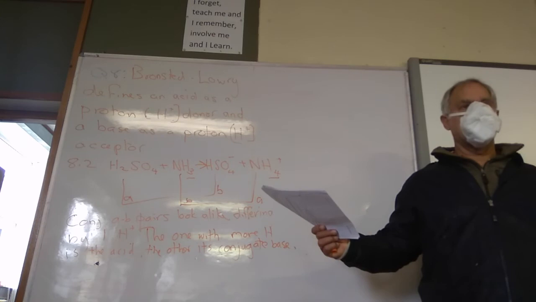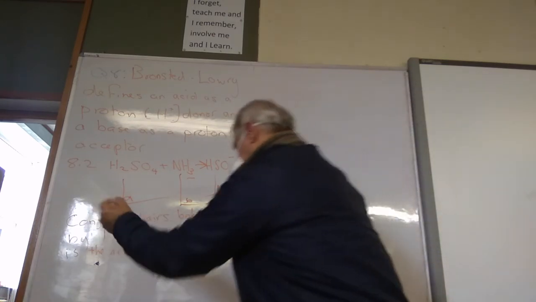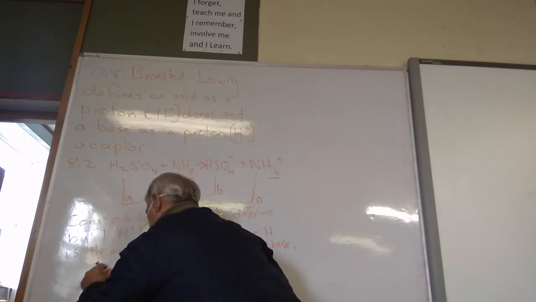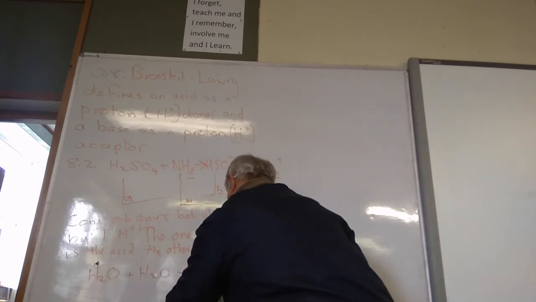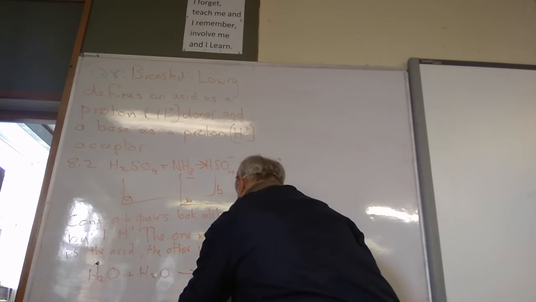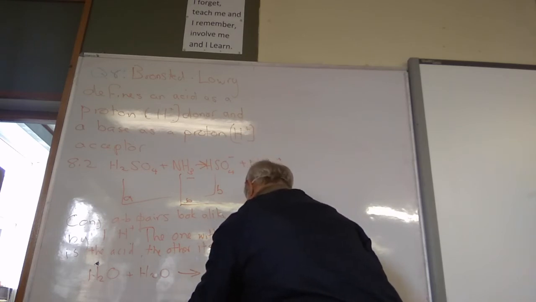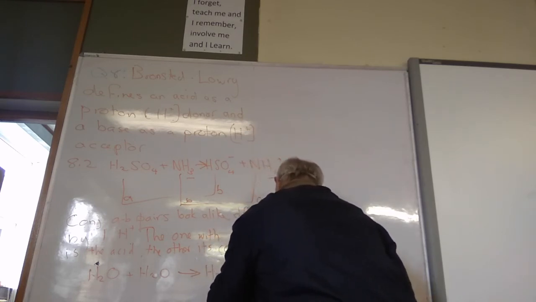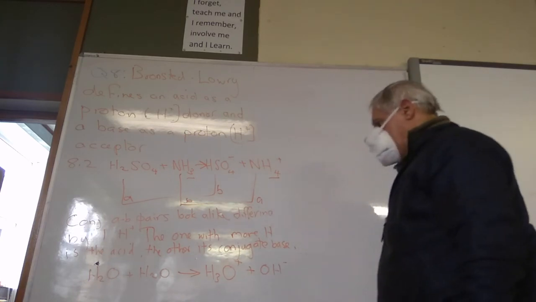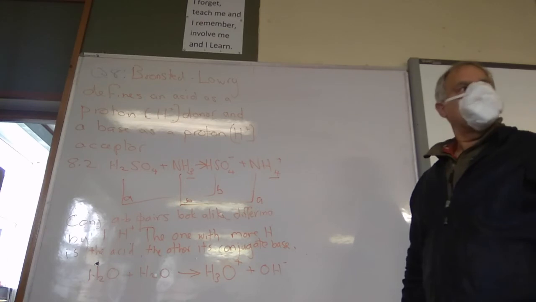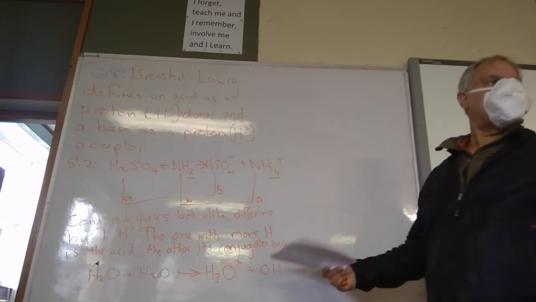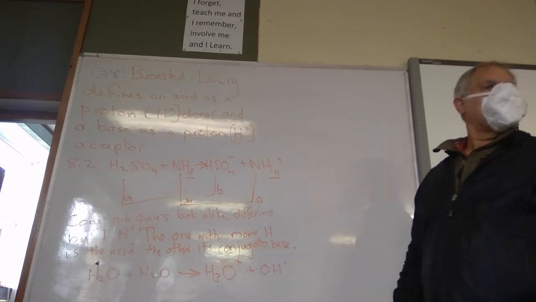Does that look similar to that, and that look similar to that? Of the two, which is the acid? H3O plus must be the acid because it has more hydrogens, so this must be the base. Of this pair, H2O is the acid and OH minus is the base.